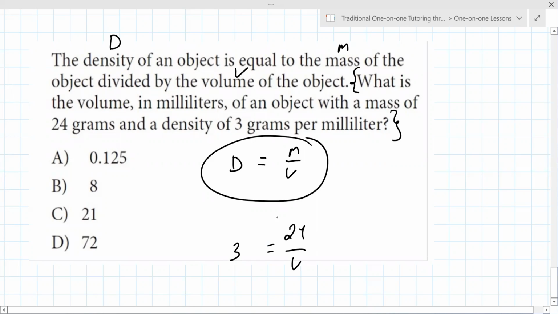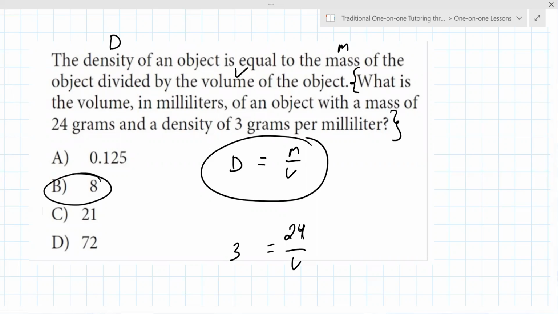Now this is the equation. You could solve it, but you're just trying to figure out what number goes down here such that when you take 24 and divide it by that number, you get 3. What would be the best choice for that? 8. Yes. Very good.